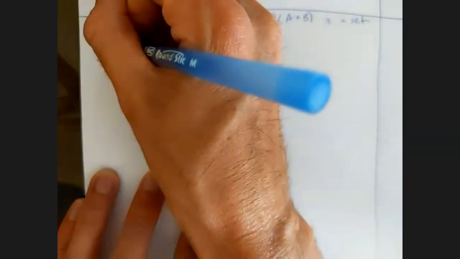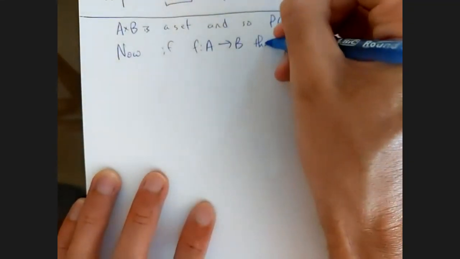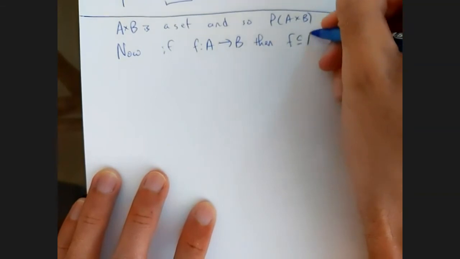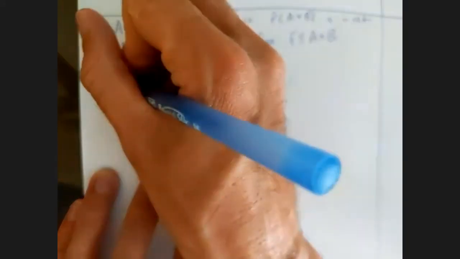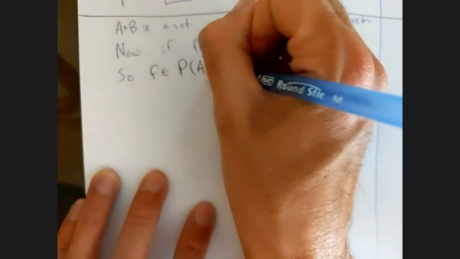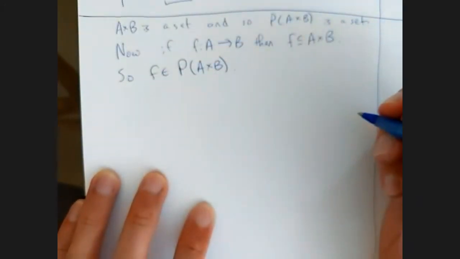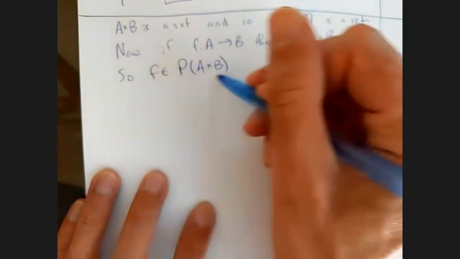Now, if F is a function from A to B, then F is a subset of A cross B. So F is an element of the power set of A cross B. So all the functions from A to B are elements of this set.